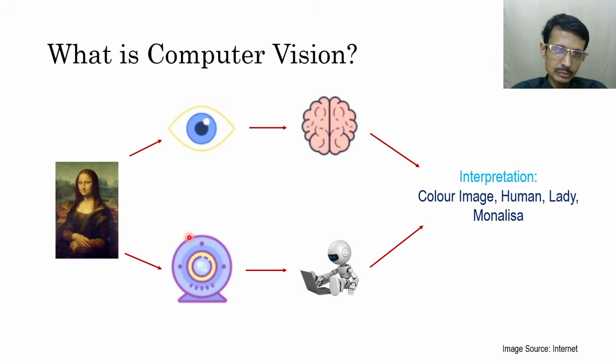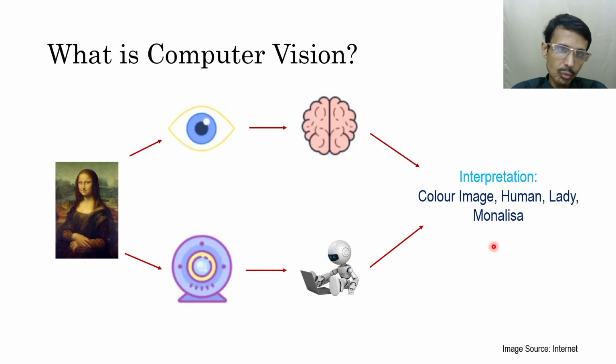By this camera, this picture is represented to a computing system or a robotic device, which analyzes it and tries an interpretation that we want to be very much like the human interpretation at different levels of abstraction, such as color, image, human, lady, and so on.